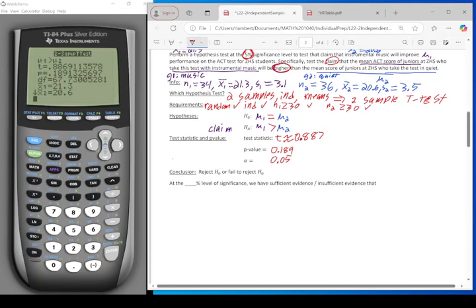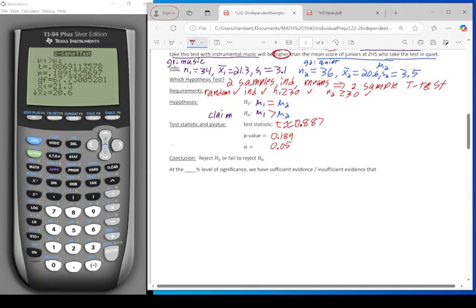And the rule of rejecting or failing to reject on this hypothesis test is the same as every other hypothesis test. If the p-value is low, reject the null. More specifically, if the p-value is lower than alpha, reject the null hypothesis. Is it lower? Is this lower than this? No, it's actually greater than.